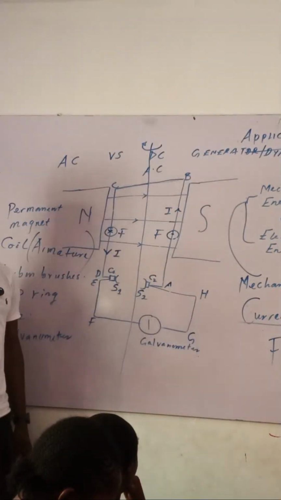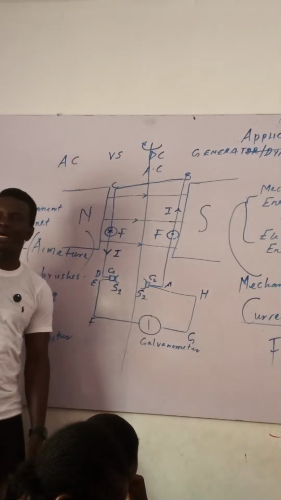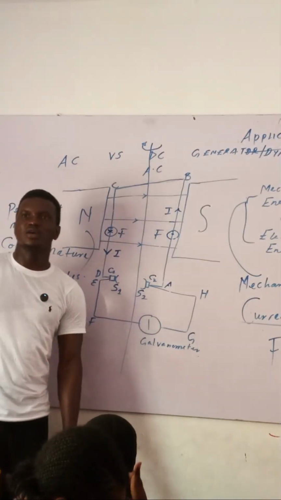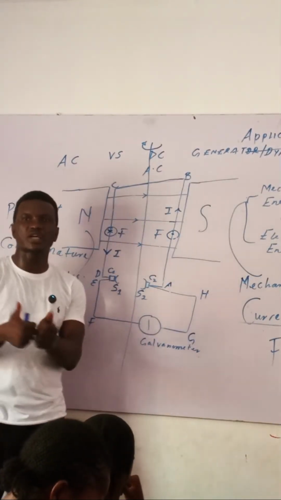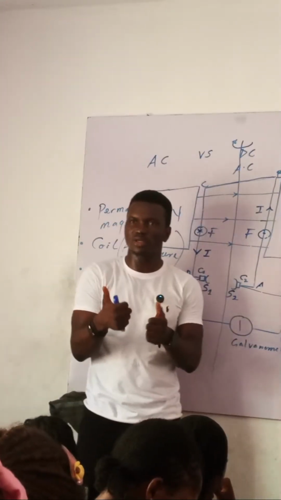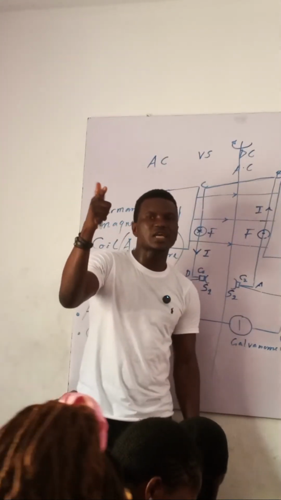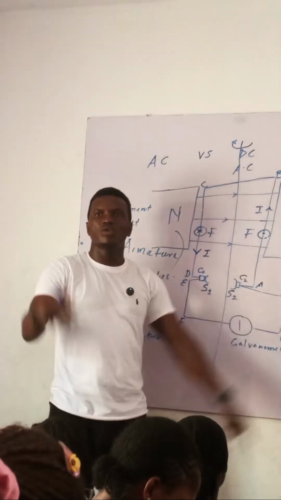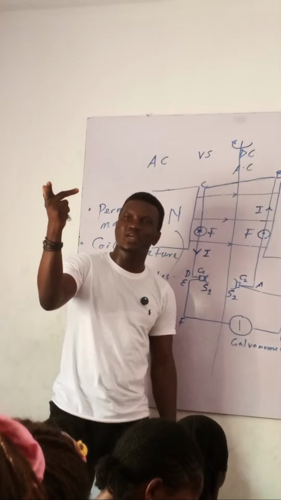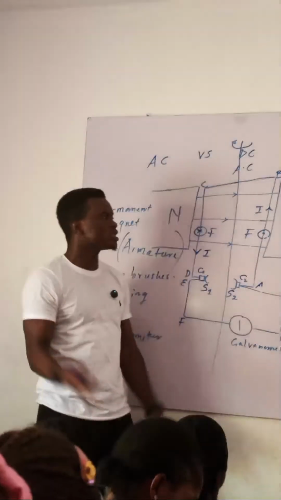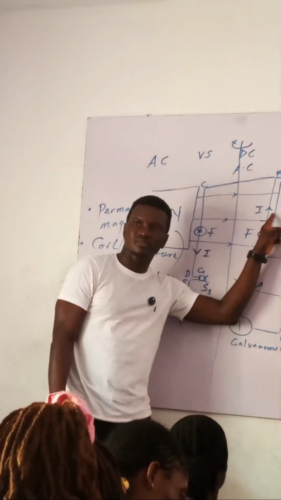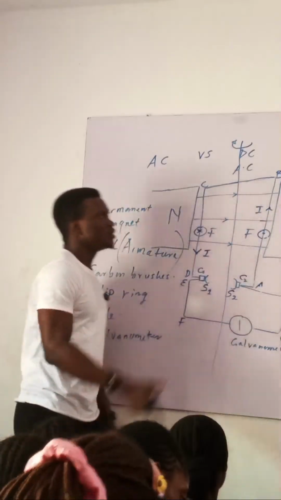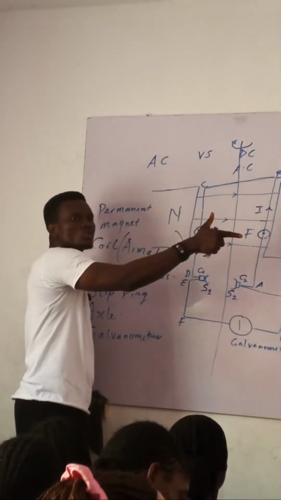If you hold the three fingers mutually perpendicular, your thumb will point in the direction of the force or the motion, your forefinger in the direction of the field, while your middle finger, the second finger, points in the direction of the current.